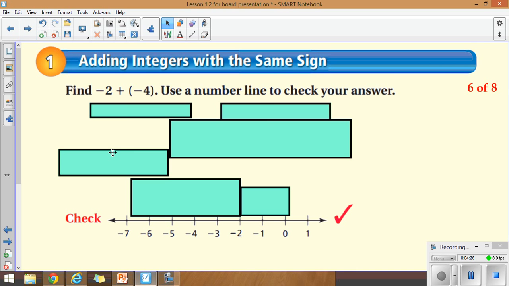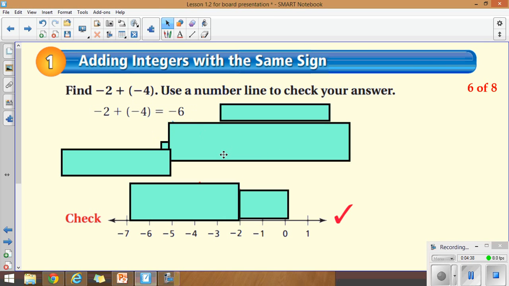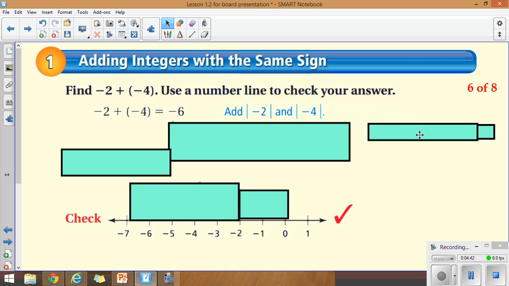In our next example, we're going to use a number line to check our solution. So we have -4 plus -2. So -2 plus -4 equals -6. If you recall from lesson 1.1, we're taking the absolute values of both integers.